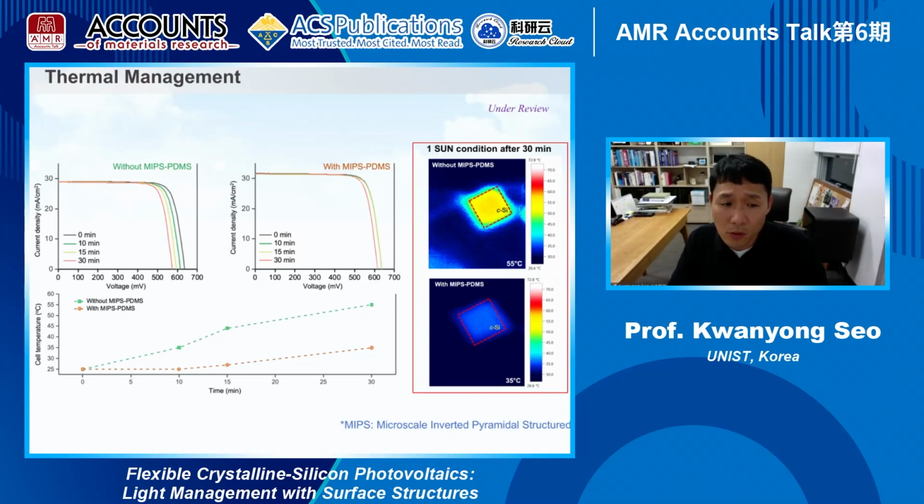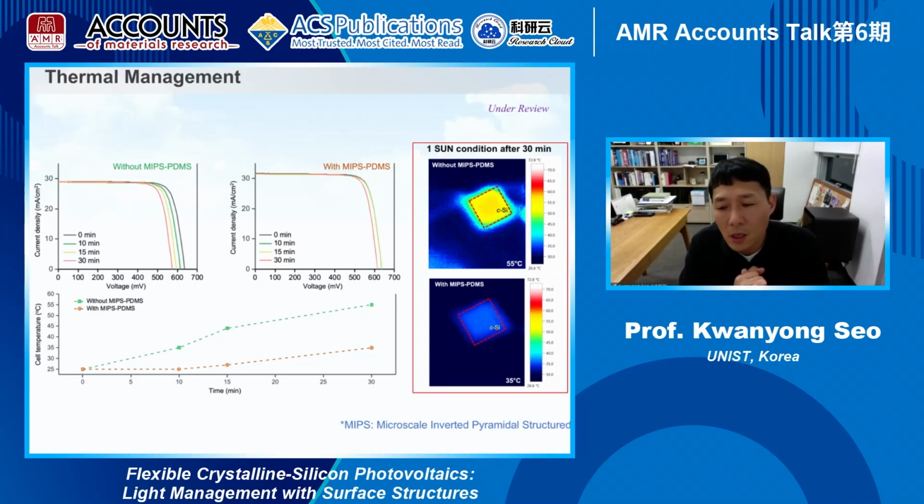Why is it important? You know what? For a solar cell, the temperature is very important. As the device temperature increases, the overall efficiency of the device decreases. So we have to maintain the temperature as close to room temperature. So this kind of thermal management is very, very important in solar cell applications.